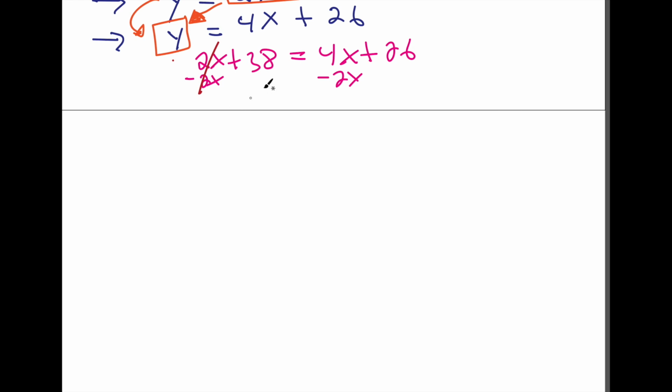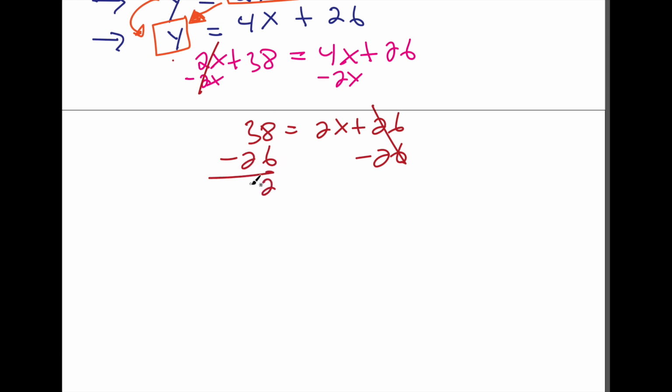Then you have 38 equals 2x plus 26. Minus 26, gone, minus 26. Then 38 minus 26 is 12. So we have 12 equals 2x. All right, then divide by 2, so x equals 6.